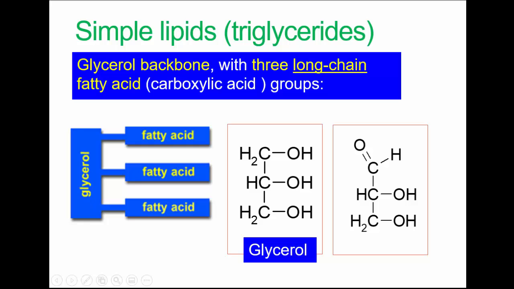So the simplest lipids are the triglycerides, which essentially is a glycerol backbone to which three fatty acids are bonded by ester groups. So they're drawn out a bit there. There's a simple form there. There's glycerol, and there's glycerol drawn out a little bit more complicated. Glycerol is a colourless, odorless, viscous liquid, sometimes called glycerine.